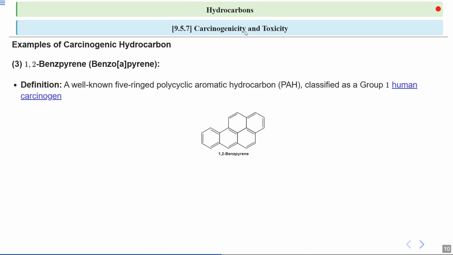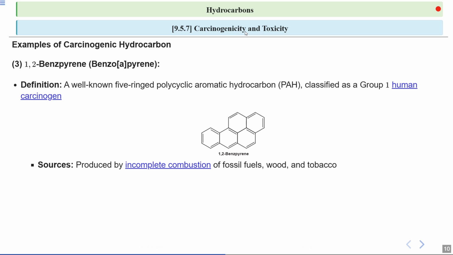If I try to define it, it is classified as a group 1 human carcinogen by IARC, which means there is strong evidence it causes cancer in humans. In the structure shown in the image, those 5 rings are what make it a polycyclic aromatic hydrocarbon. These structures are stable and can persist in the environment for a long time.